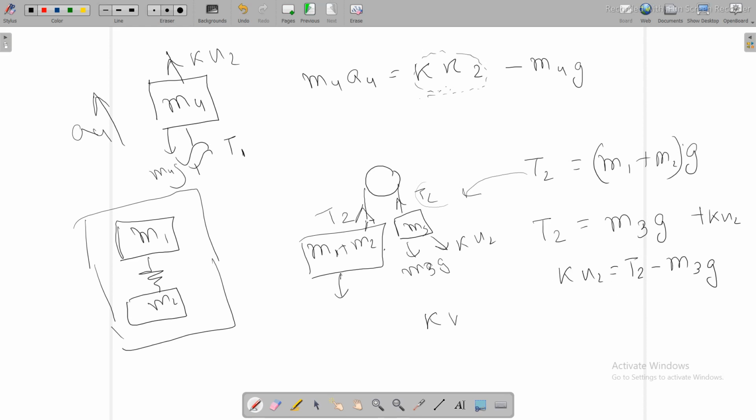Replacing t2 here, kx2 is equal to m1 plus m2 into g minus m3g.